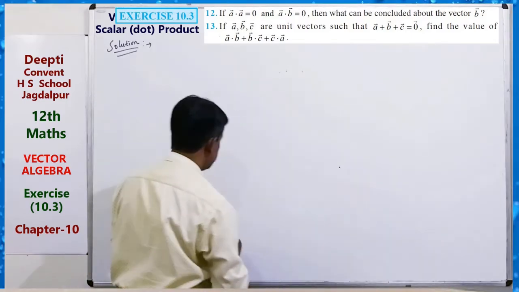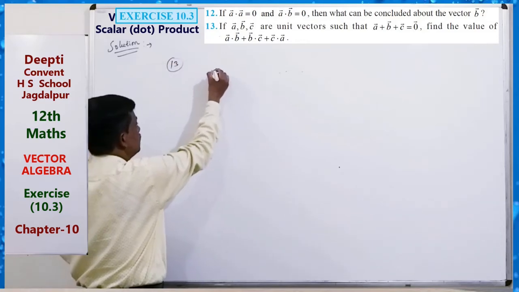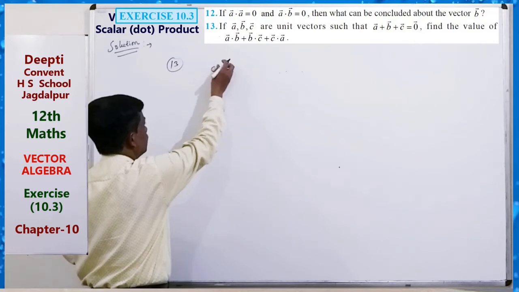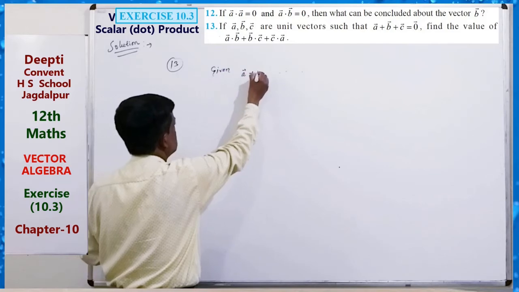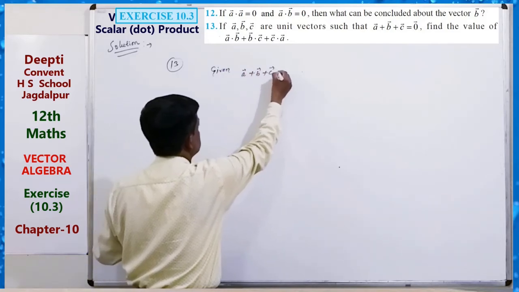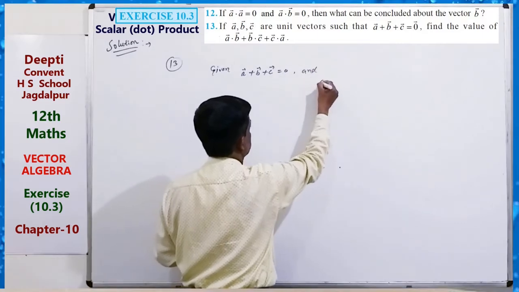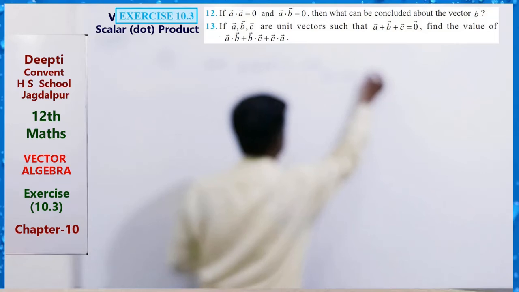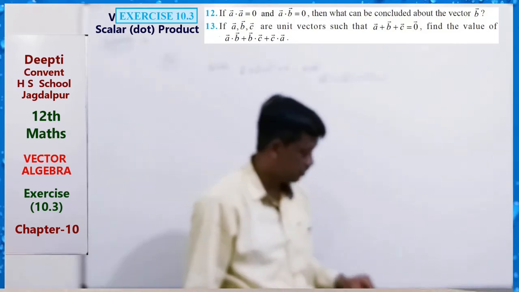So here, just given A plus B plus C equals 0, and mod A, mod B, mod C equals 1 because A, B, C are unit vectors. Okay?